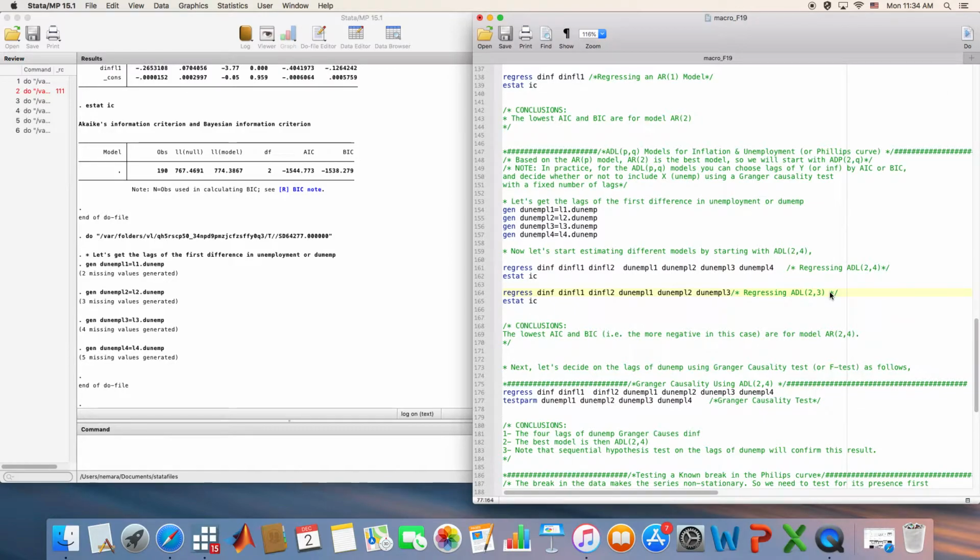Sorry, I'm just changing things. So let's start from big to small, using the information criteria.